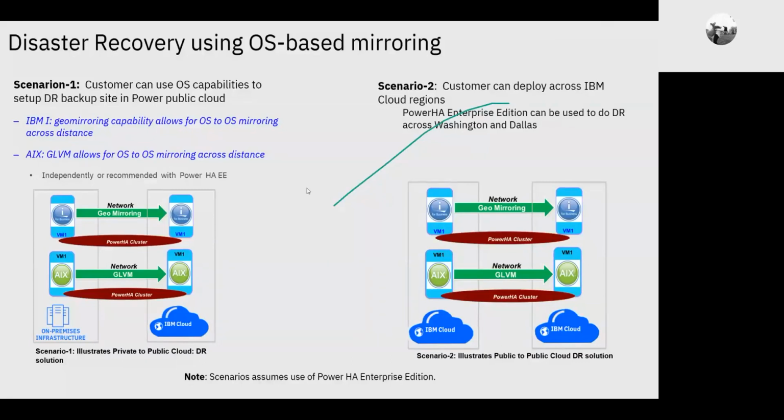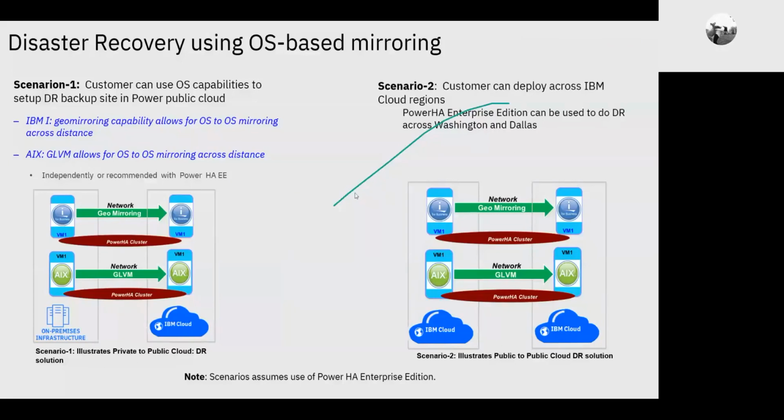Okay, another thing that you could do is you can also use this same replication, not just from on-prem to cloud, but you can do it from cloud to cloud. So let's say, for example, you wanted the same logical replication between a VM you have in Dallas and one in DC. Or in the future, let's say we have 2 different zones in Frankfurt.